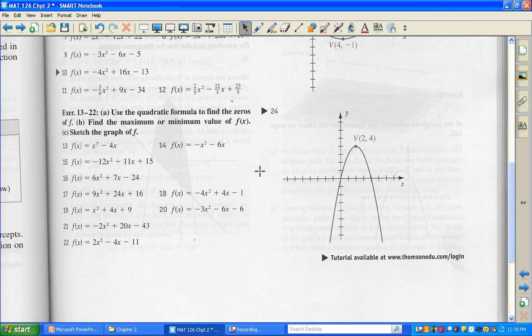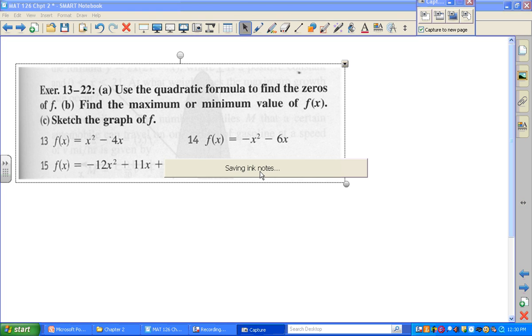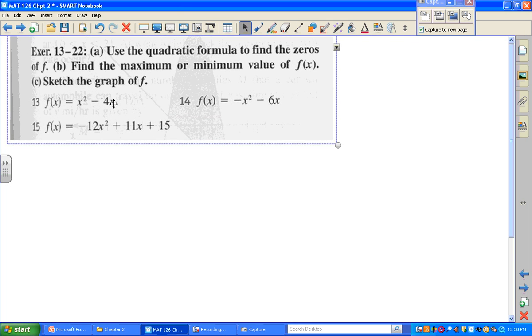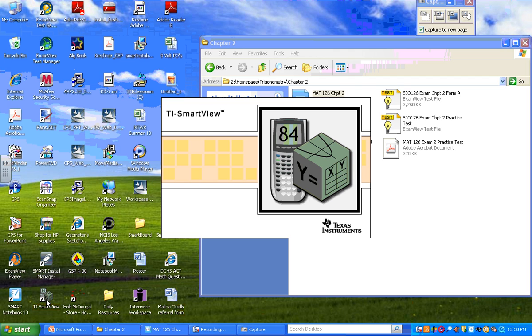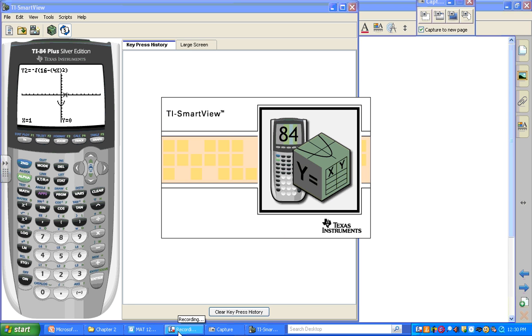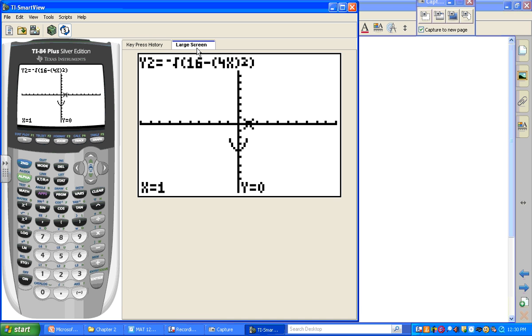Let's see. Use a quadratic formula to find the zeros. That's probably not your question, is it? What did you get for the zeros when you did the quadratic? 5/3 and -3/4. Okay.